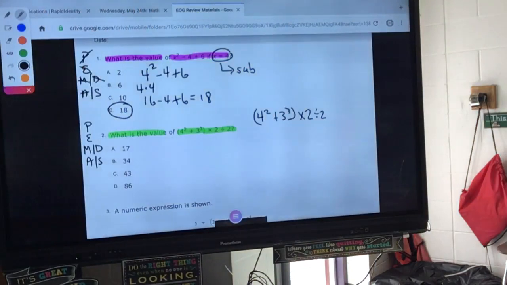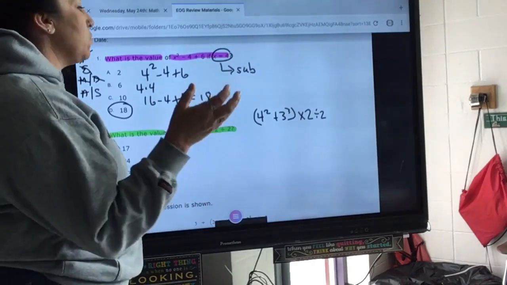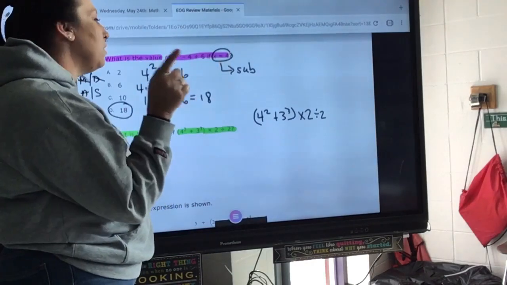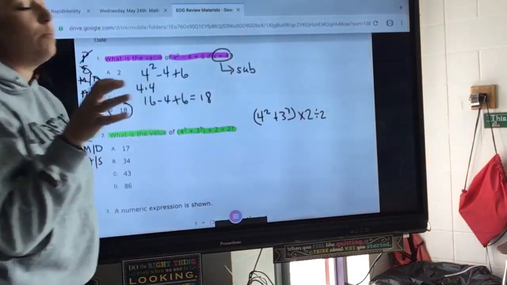All right, so what do we have to do first? What are we looking for first in this problem? Okay, so we're looking inside those parentheses. I think Levi told us earlier we have to follow order of operation.